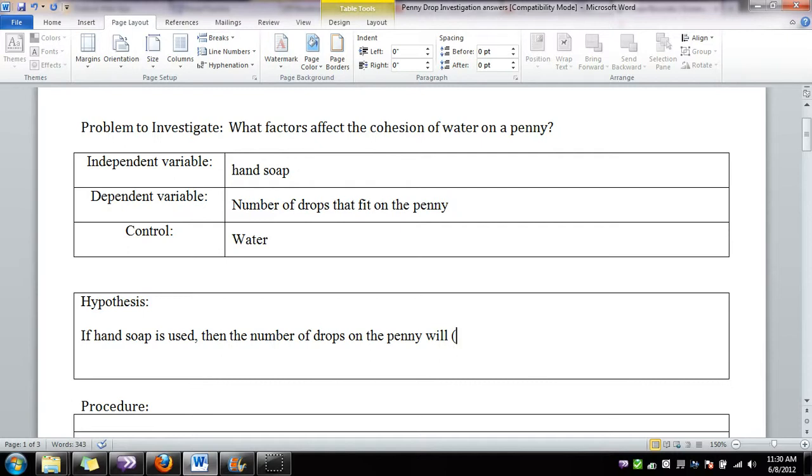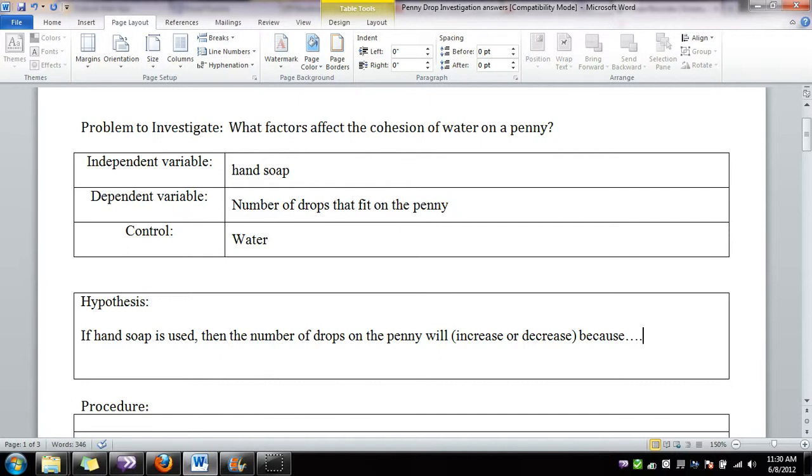I'm going to let you choose that, so I'm going to put increase or decrease in parentheses for this part of the hypothesis, but you need to choose one of those 2 terms based on whatever you think will happen. This is your prediction. So if hand soap is used, then the number of drops on the penny will increase or decrease because, and here's where you put in your scientific reason for why you chose what you chose.